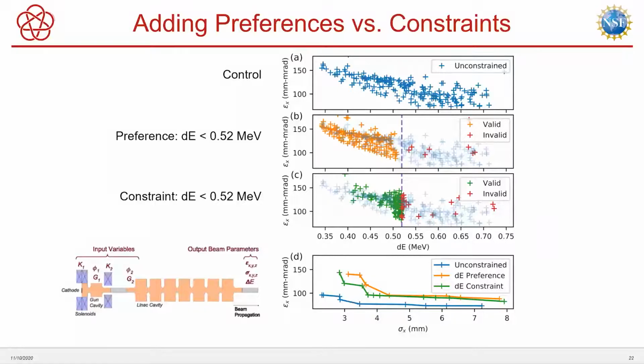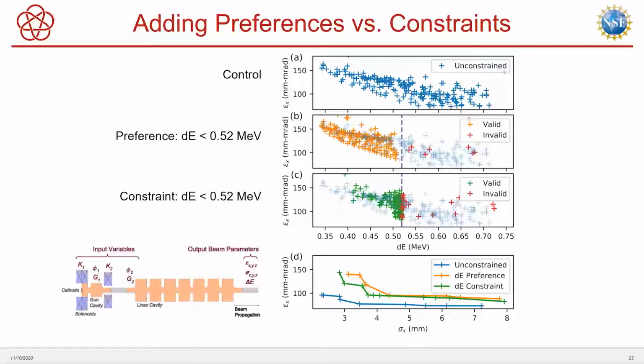By doing this, we are effectively relaxing the preference down to a constraint, which, since the optimizer is no longer trying to minimize energy spread below the certain value that we give it, allows it to exploit the energy spread in order to improve the Pareto front in the rest of the objective space.